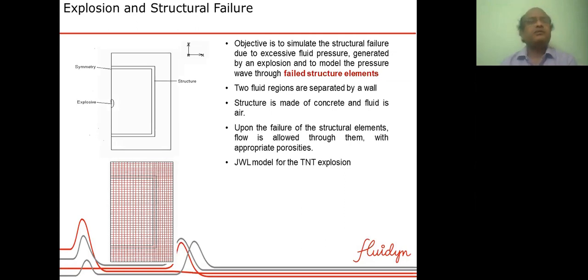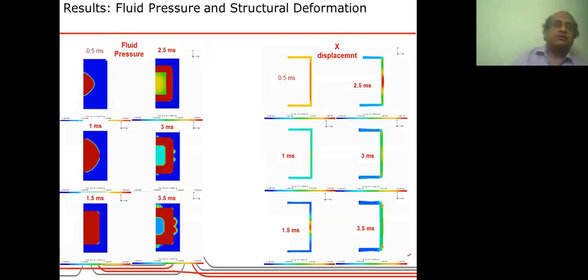The explosion of that explosive will generate pressure waves, as shown by the red region here. And this pressure wave will propagate through air and hit the structure. Once it hits the structure, you can see that the structure will deform, and if deformation is too much, it may fail at different places.